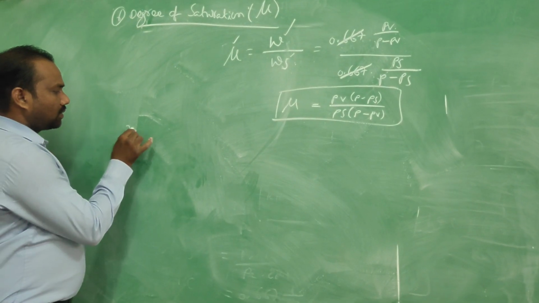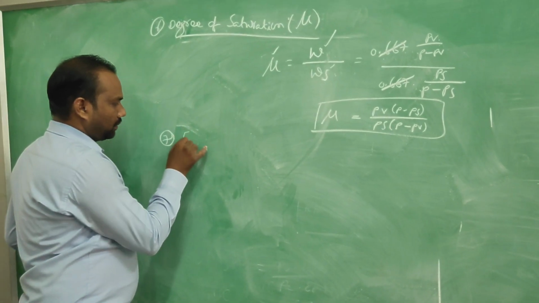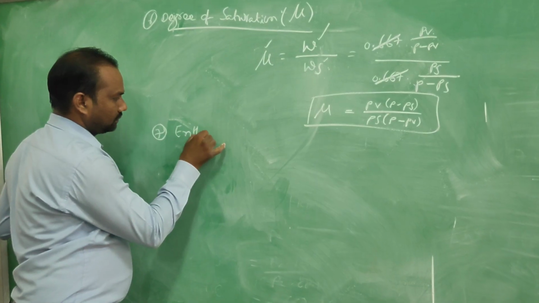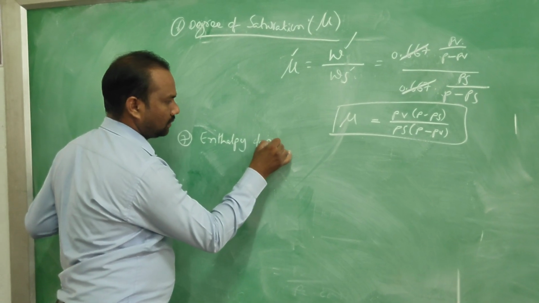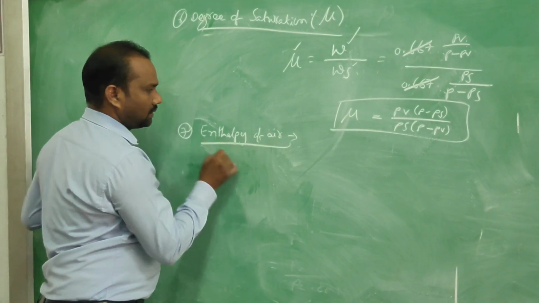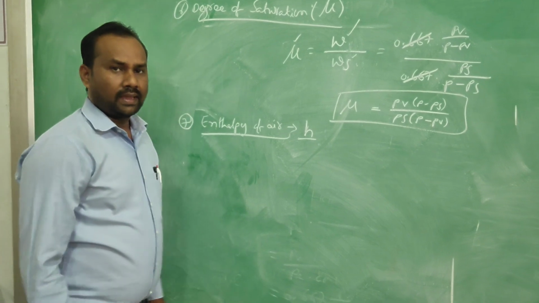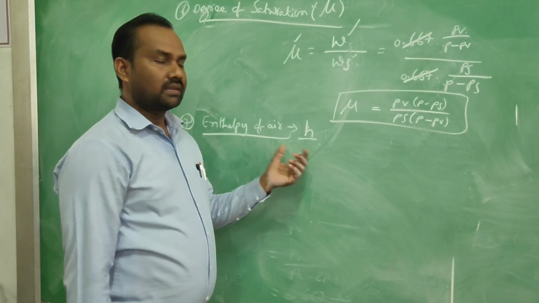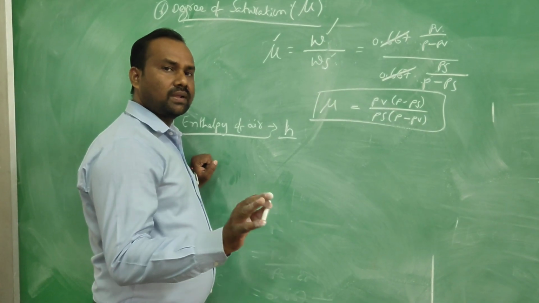Then the last psychrometric property is called enthalpy, enthalpy of air. It is represented as small h. The energy available in the moist air is generally referred to as enthalpy. And as you know, moist air is a mixture of dry air and water vapor.